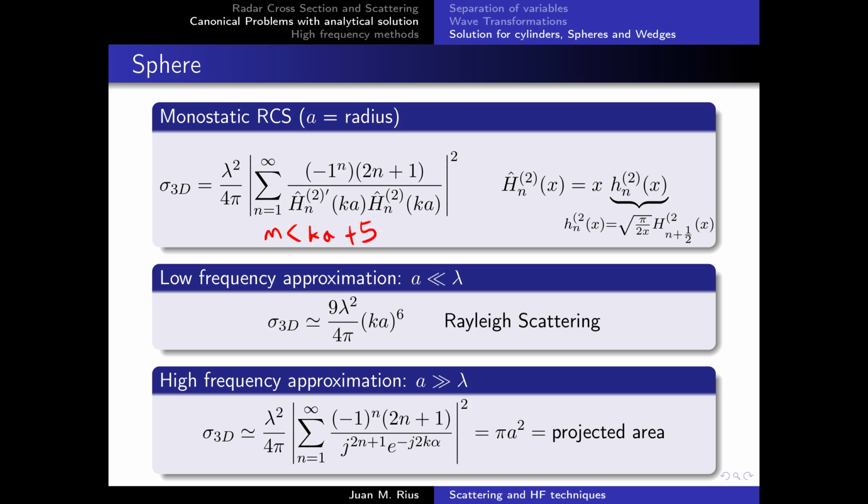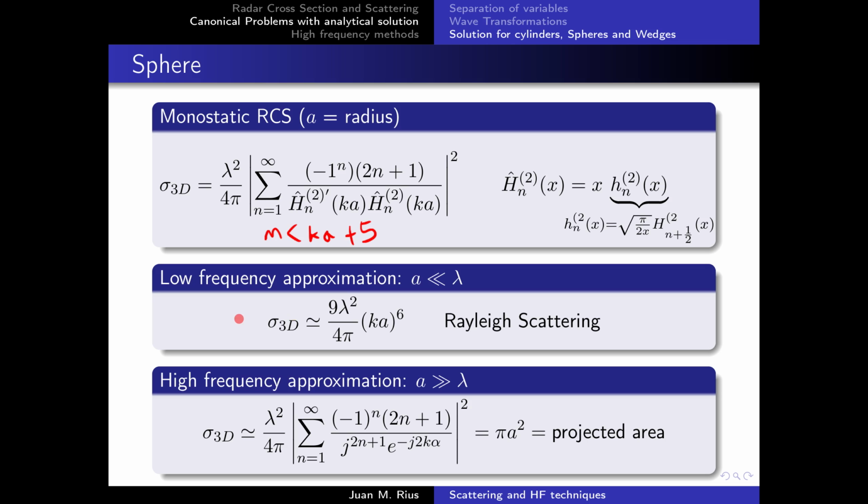It is interesting to observe that these Bessel functions are spherical Bessel functions, which are functions of the usual Bessel functions of order equal to integer plus 1/2. You can find all the information about spherical Bessel functions in the Bessel functions appendix of Balanis' book.